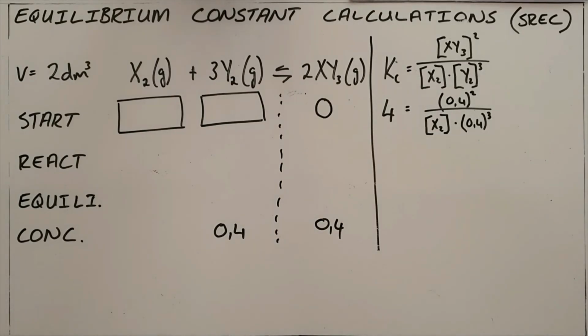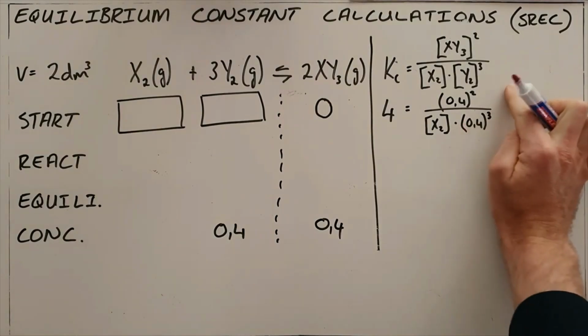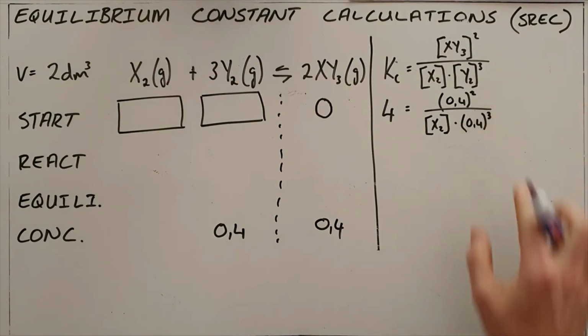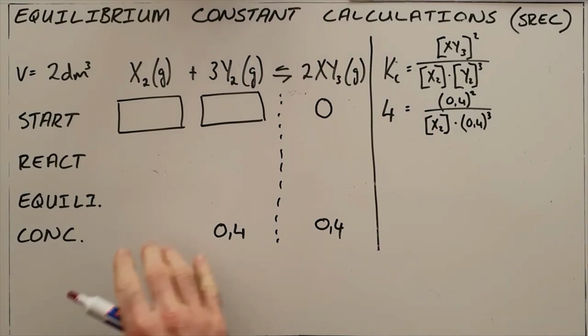Another type of equilibrium constant calculation is one in which you are required to use your equilibrium constant to find values that you would be able to use in your table to find your final answer.